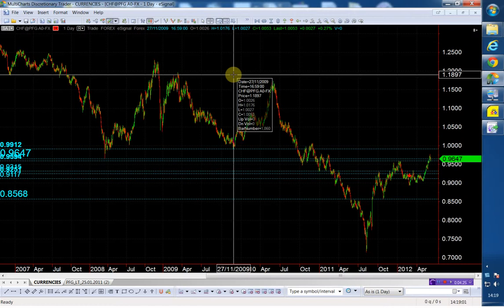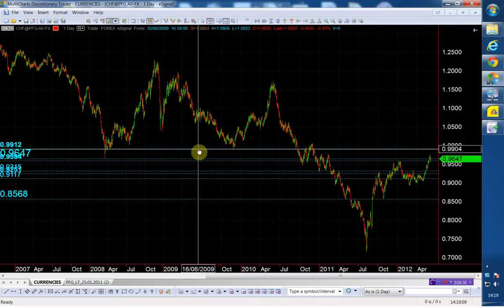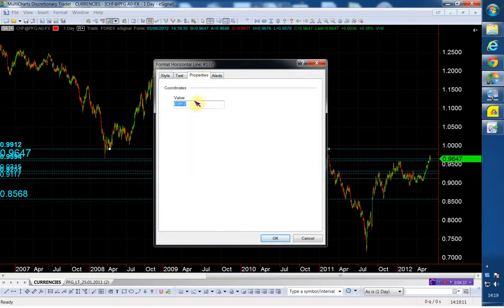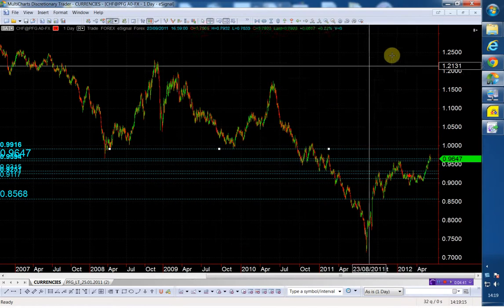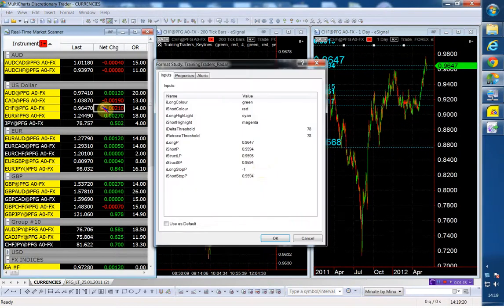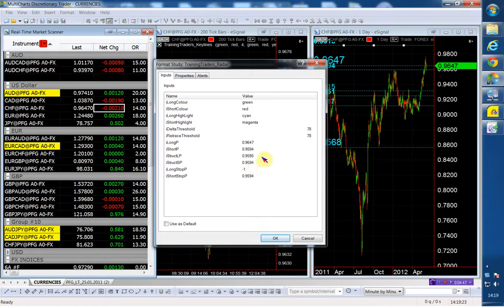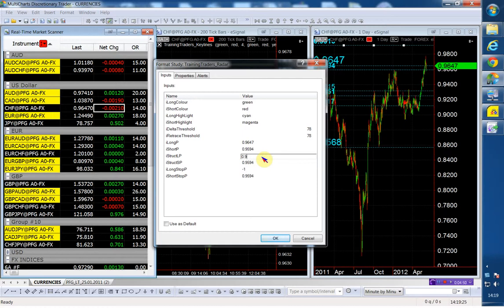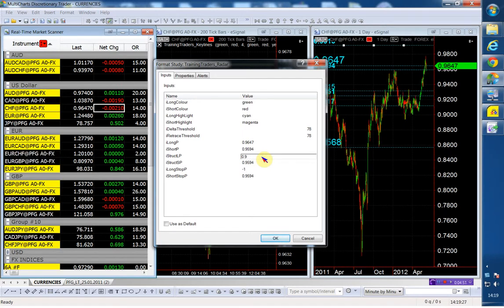Am I reading it right? I'm sorry, this is 99.16. So the next structural long point is the 99.16. So that's pretty much 300 pips to the upside.